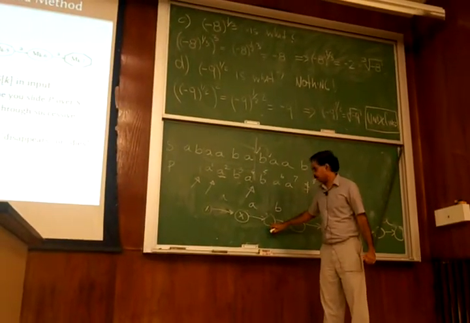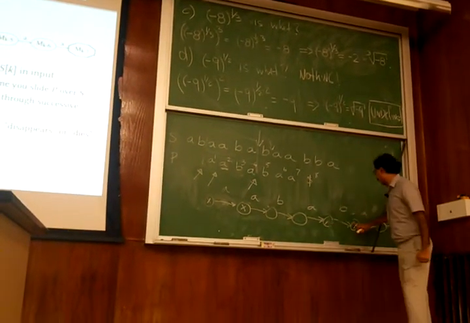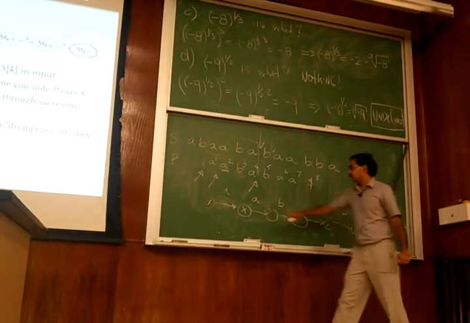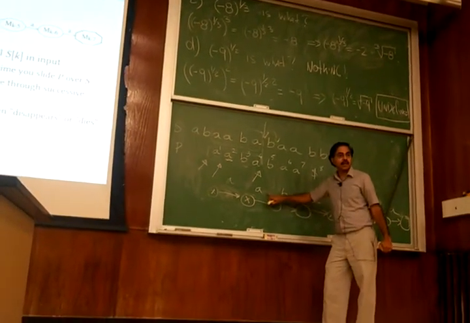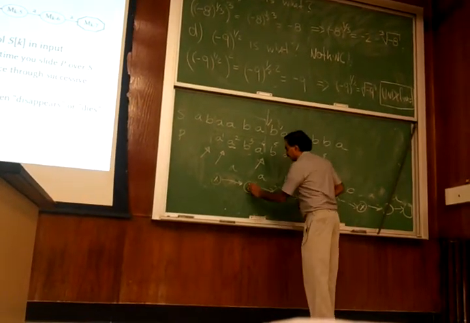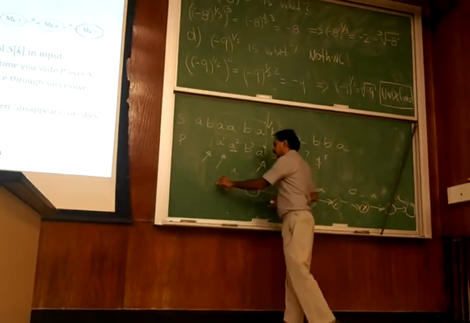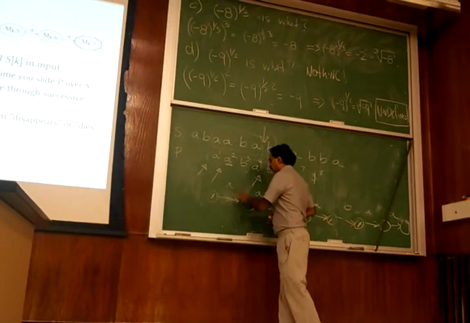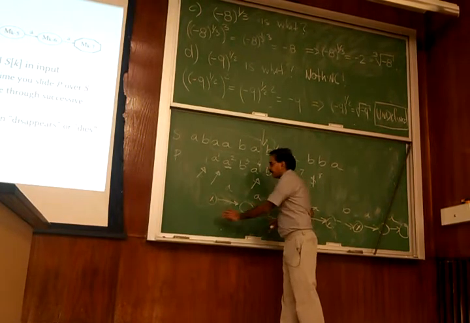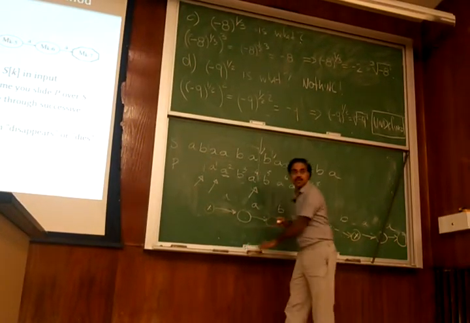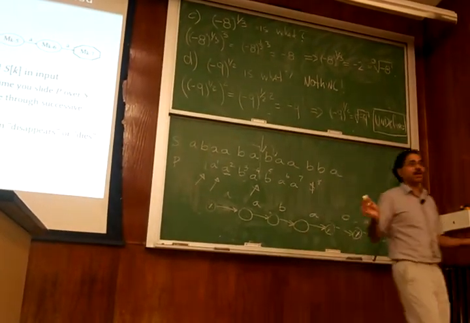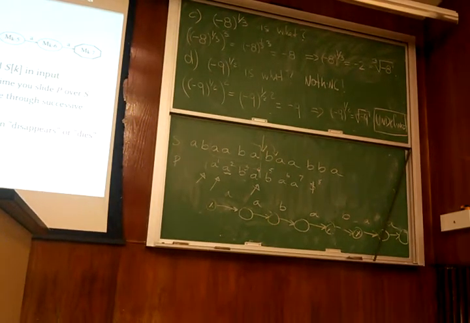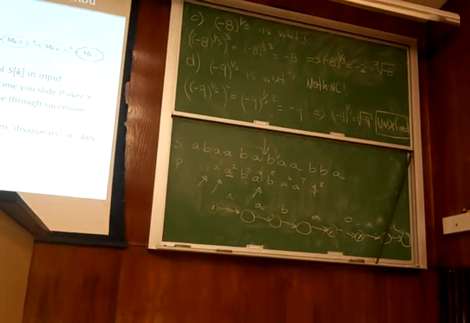No, it can't, I'm sorry. This token can advance because it's a B, but this token cannot advance because it's not a B, so this token basically dies. And this token also cannot move over here. But there will always be a token at state 0, because we always have a match for the prefix of length 0, the empty string.